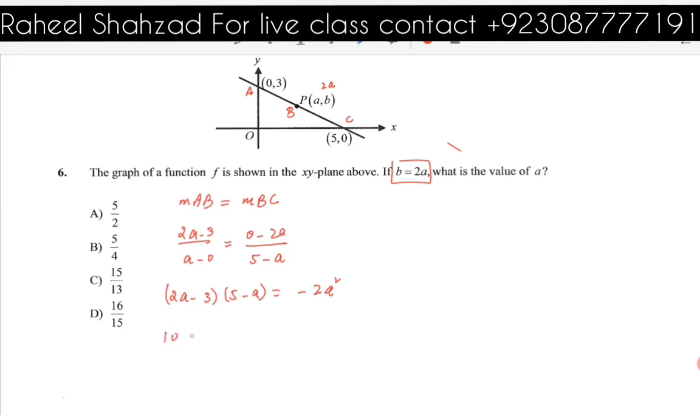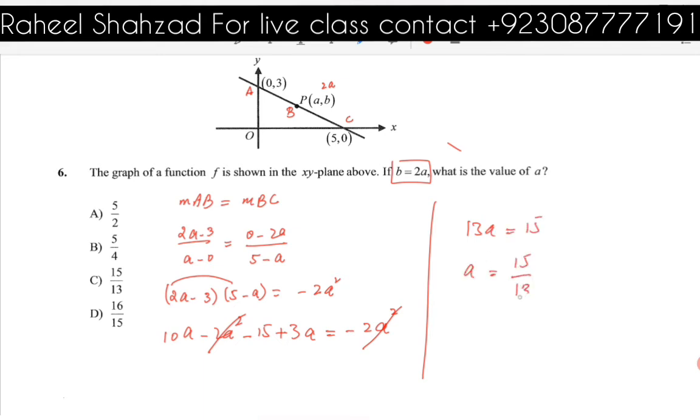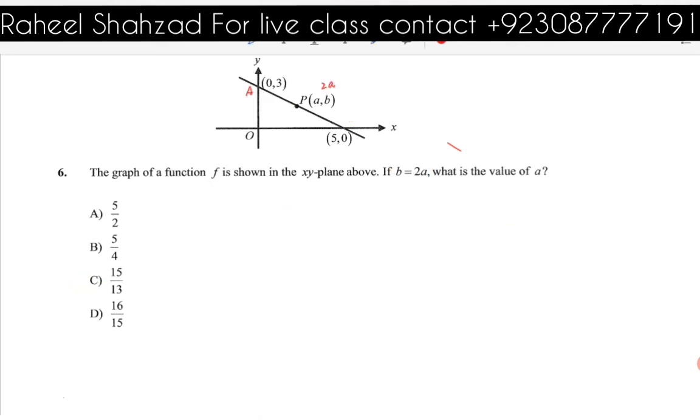So that's 10A minus 2A square, and then minus 15 plus 3A equals minus 2A square. So it's going to be cancelled out. So 13A is equal to 15 and A is equal to 15 by 13. So C is the answer for this case, right?